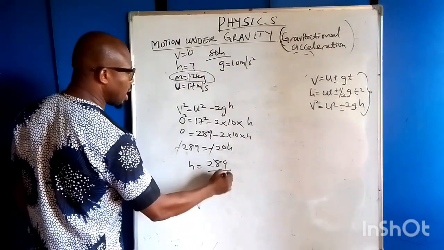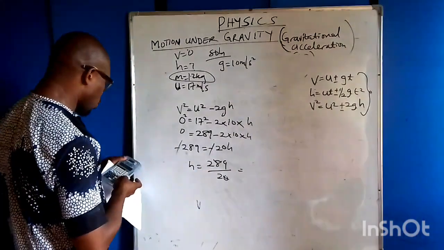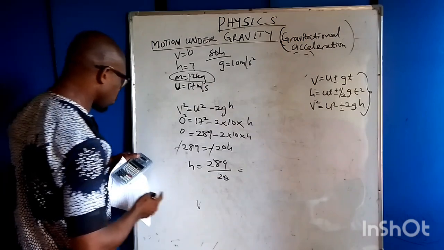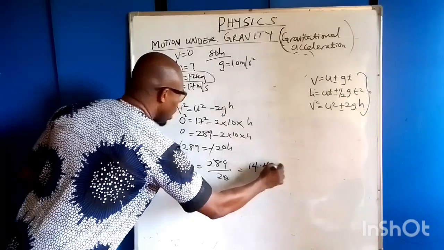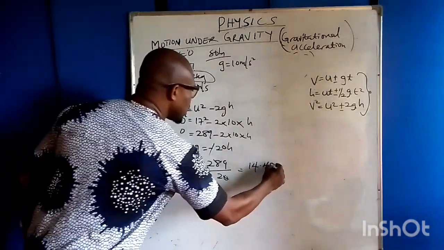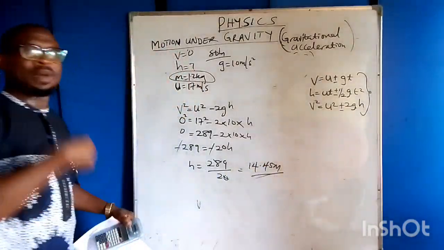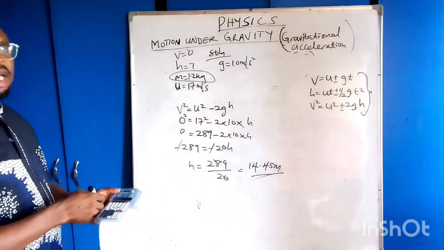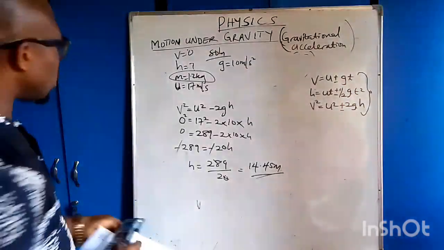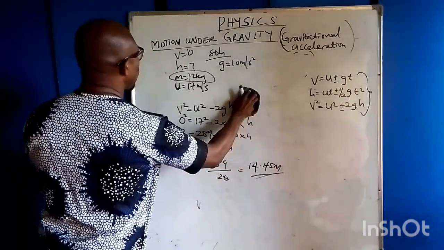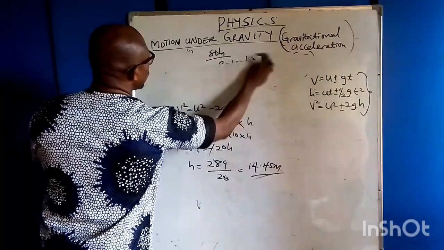Dividing this by calculator will now give us 14.45 meters. So that is the maximum height the object can attain. I will take the next question, but before that, we'll clean the board.